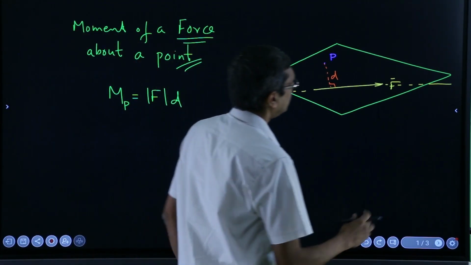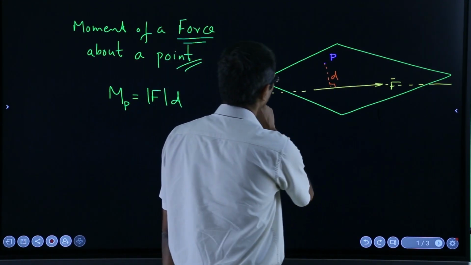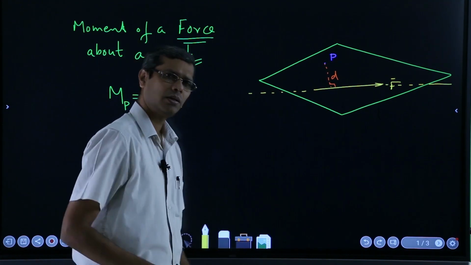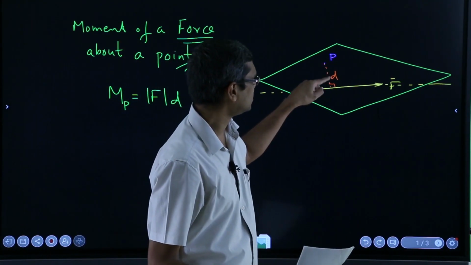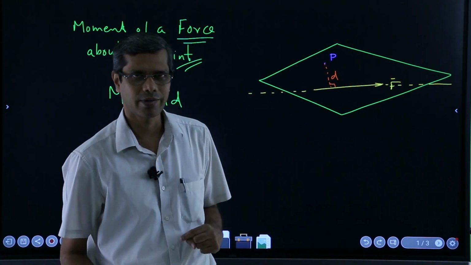How? Suppose in some problem, a force is given somewhere here, but the shortest distance calculation is easier at some other point on that line of action.